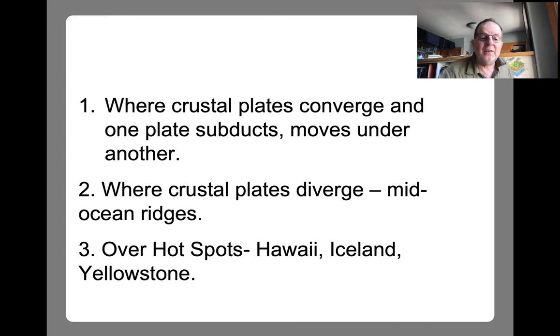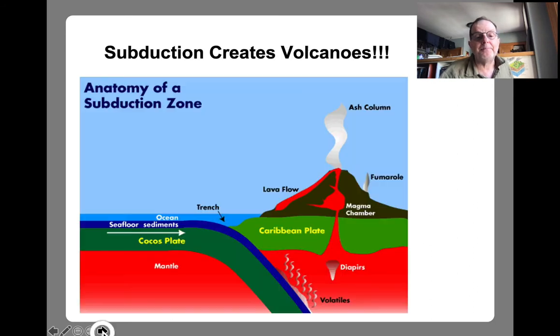In the case of Yellowstone, you don't see lava, but you see geysers and other signs of this magma chamber below, and it's thought that one day there'll be a gigantic explosion of volcanic activity at Yellowstone. But Hawaii and Iceland have frequent and constant release of magma lava, and we'll look at some videos of that.